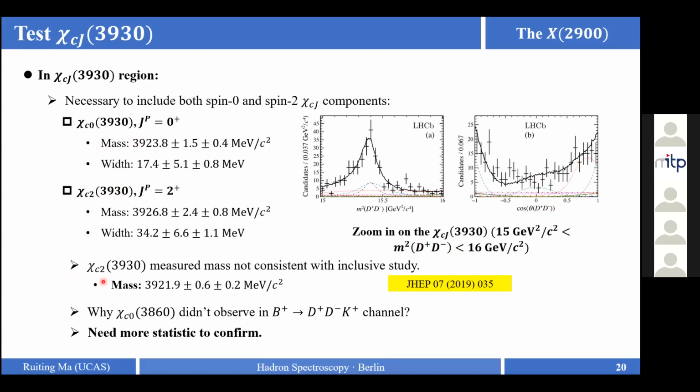For the Ds states in the results, there are still some remaining questions, like why the Ds2 mass in this analysis is not consistent with the inclusive studies in the LHCb collaboration, and why we didn't see the Ds0(3860) components in these decay channels, where we need more statistics to clarify that.